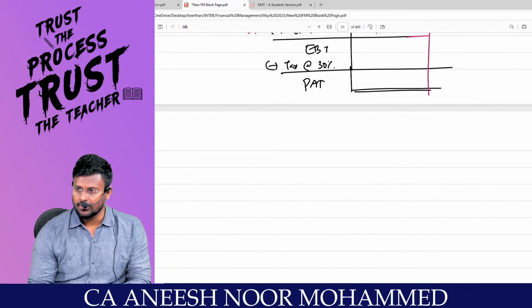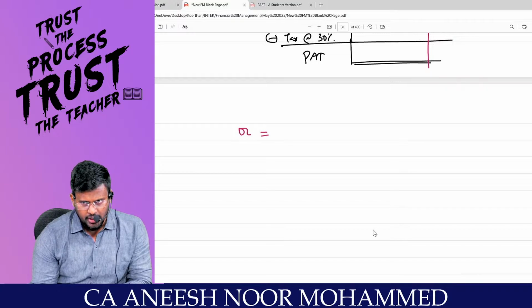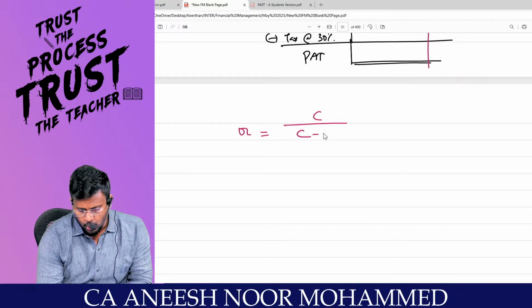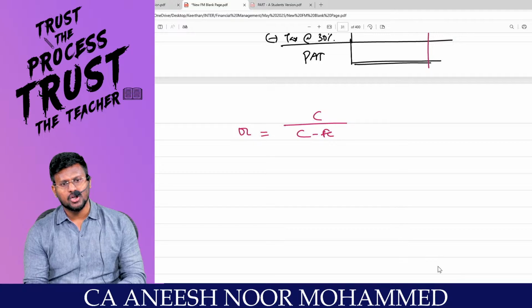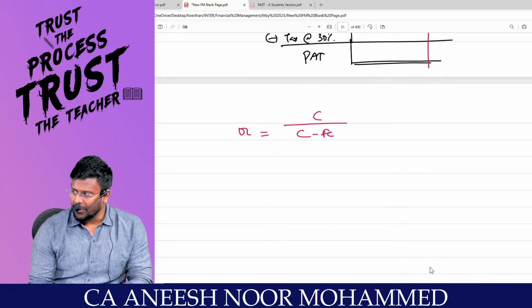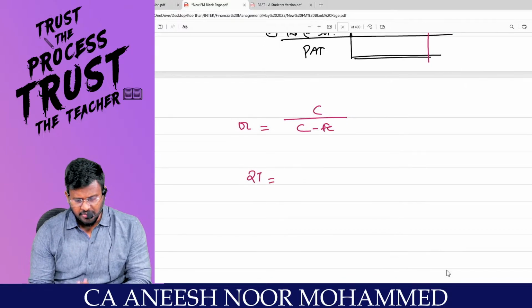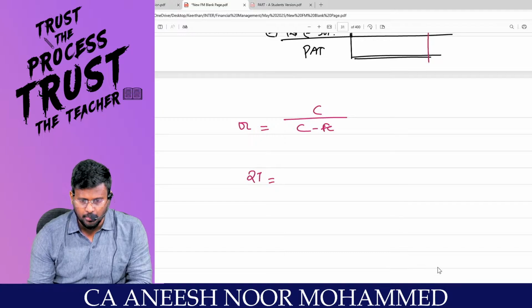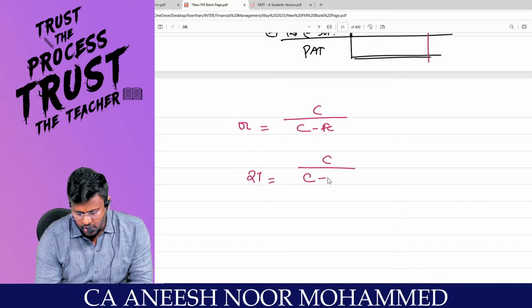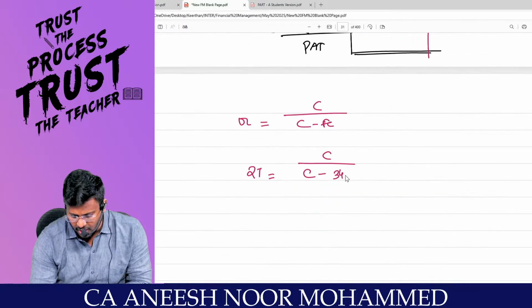My dear lovable students, operating leverage is equal to contribution divided by contribution minus fixed cost. What is the operating leverage? 2 times. 2 times is equal to contribution divided by contribution minus fixed cost of 3,40,000.